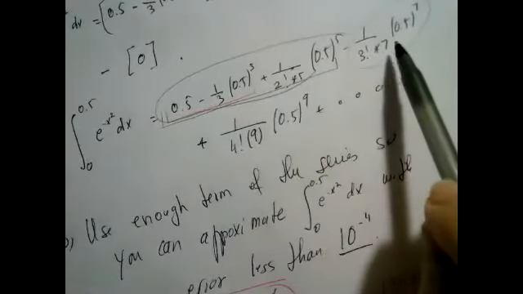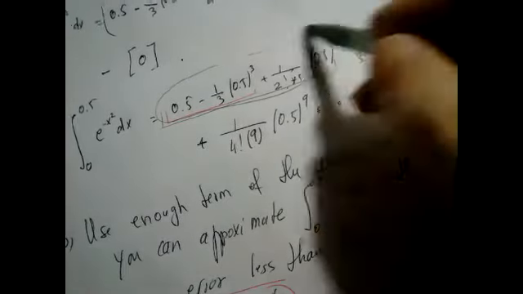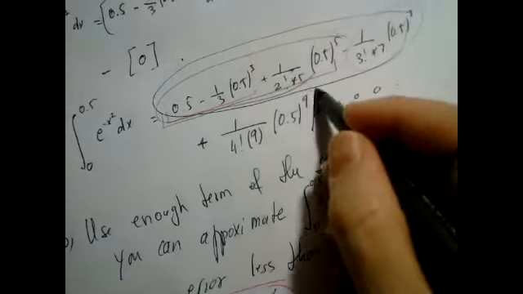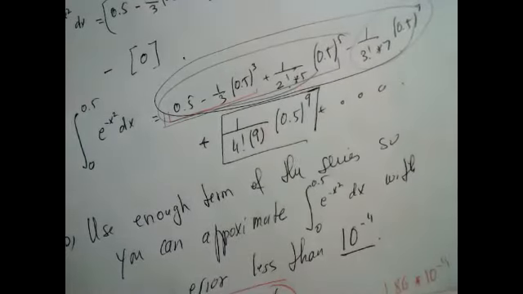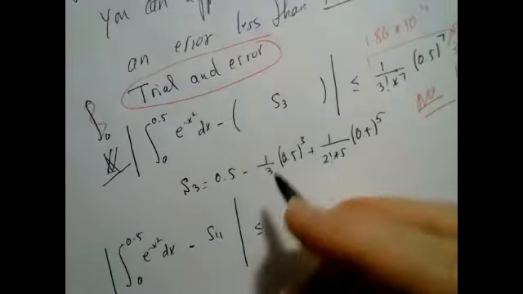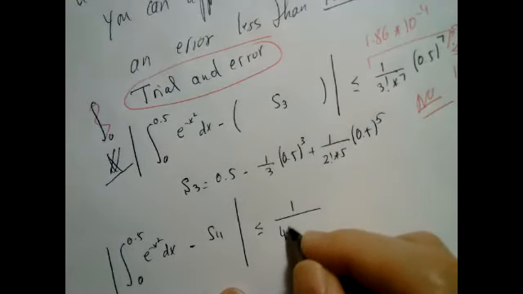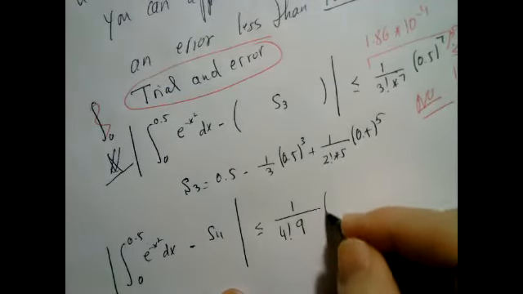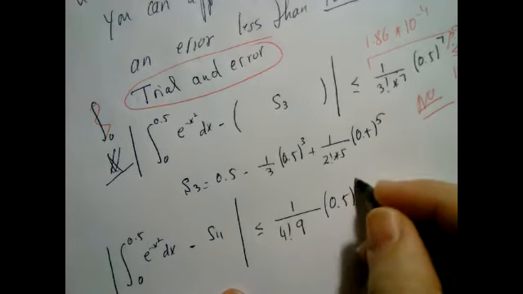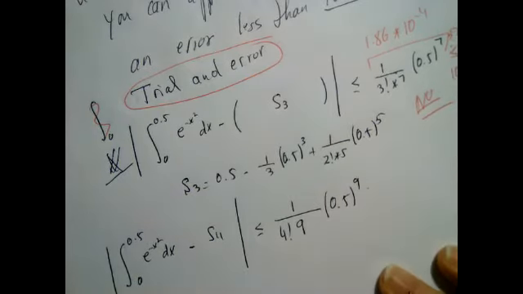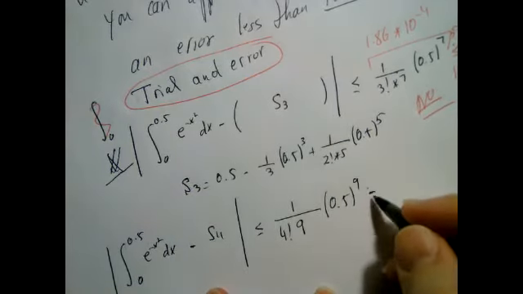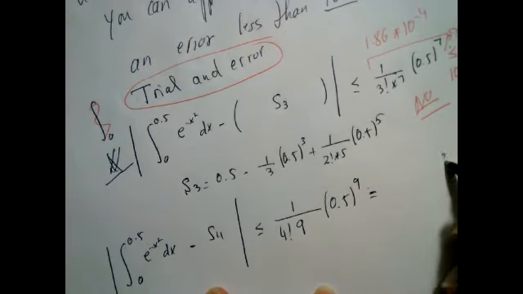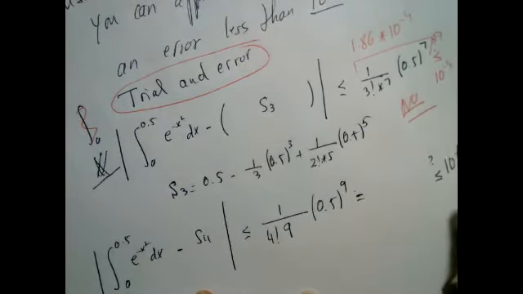Now I go to here, 1, 2, 3, 4. If I use those, the error is less than this term right there. So this is going to be less than 1 over 4 factorial times 9, 0.5 to the power 9. And now I'm going to compute this number and ask myself, is this less than 10 to the minus 4?